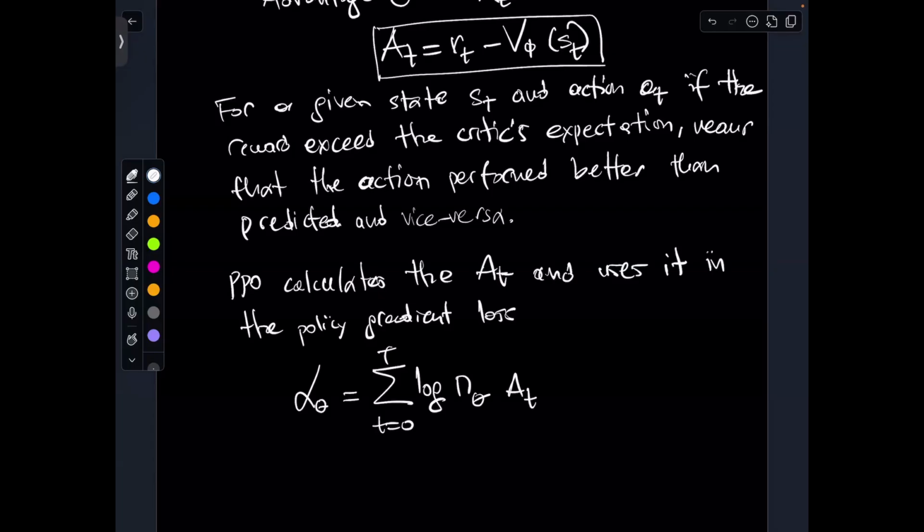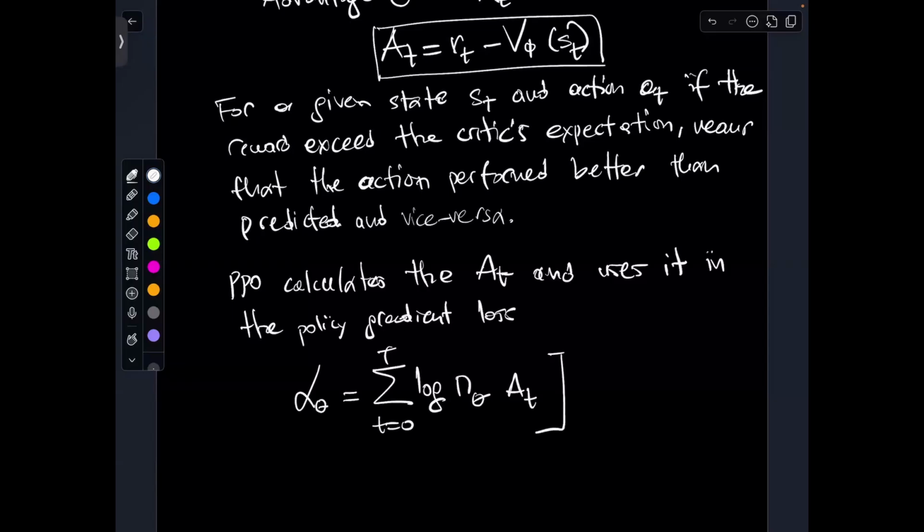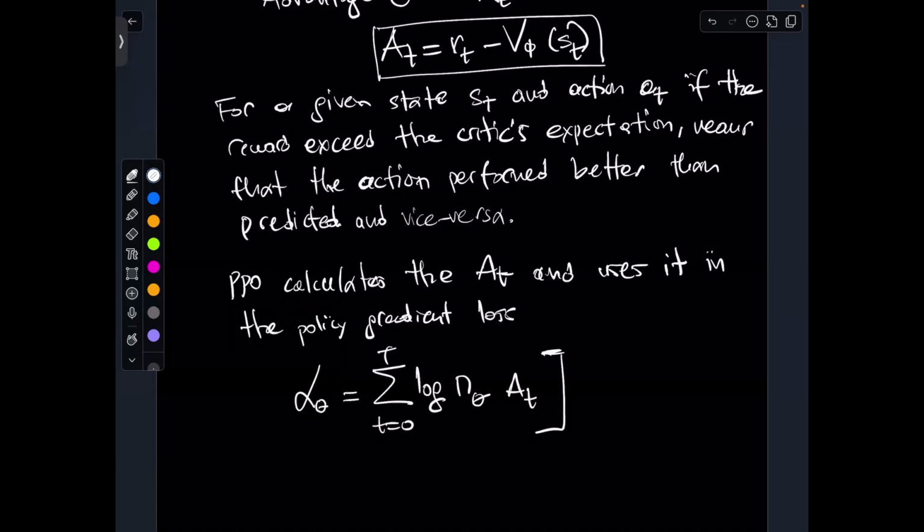Okay, so this is basically this loss. As the training continues, it results in new actions with a larger and larger advantage, or a smaller and smaller loss, and it is called the actor loss.